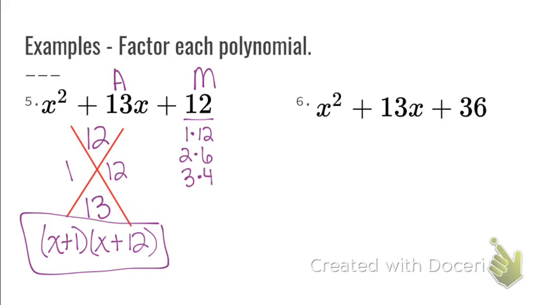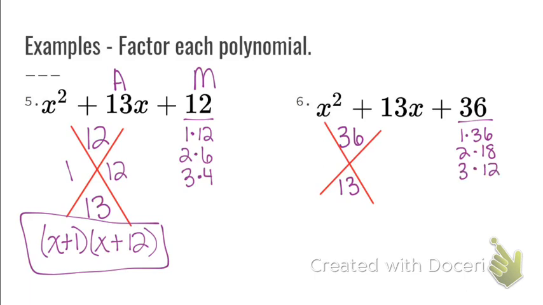All right, last example that we'll do in this notes video. We are trying to multiply to 36 and add up to 13. So if we make our list, or look at your list if you've got that yellow sheet, 1 times 36, 2 times 18, 3 times 12, 4 times 9, 6 times 6.